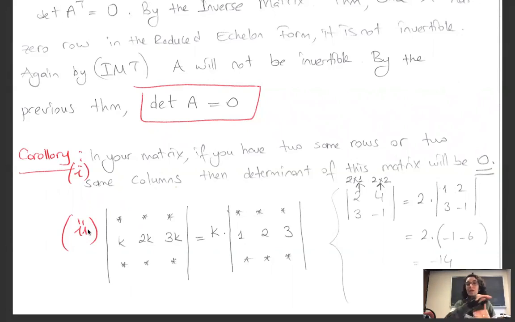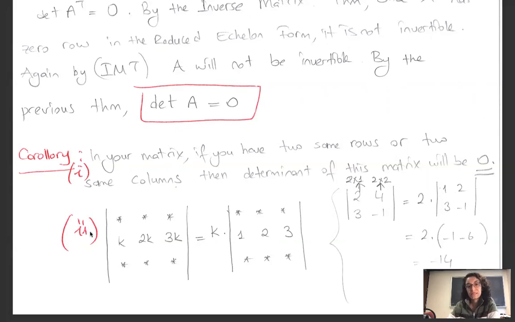Since they are the same, you will get a completely 0 row somewhere. Then since row replacement doesn't change the determinant value, the determinant of this new matrix will be 0 since you have a completely 0 row, and this will be equal to the determinant of the original matrix. So in other words, again, if you have same columns or same rows, the determinant will be 0.